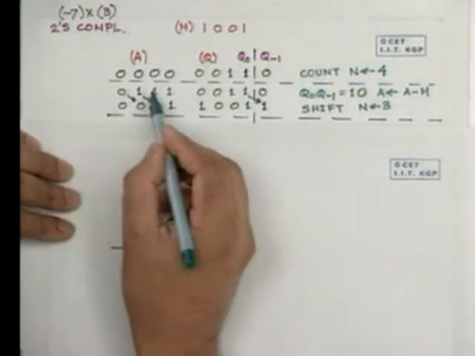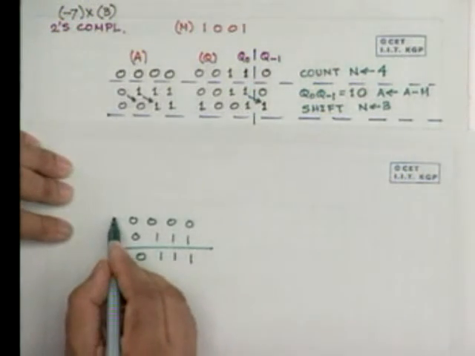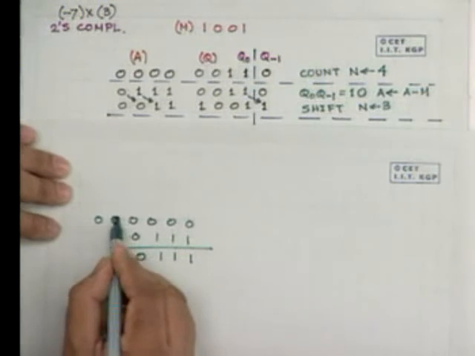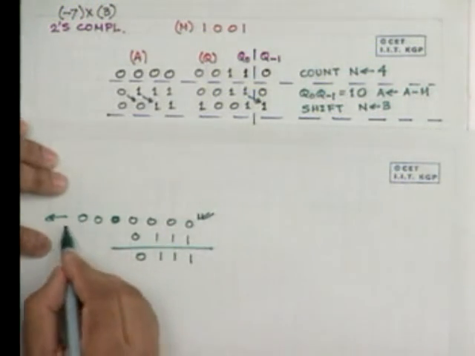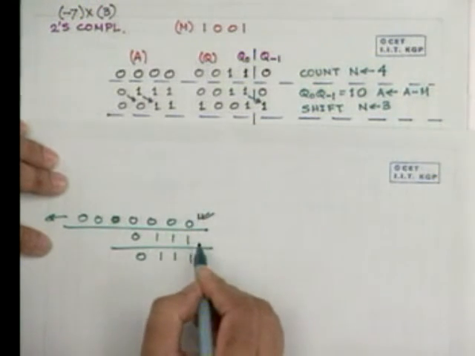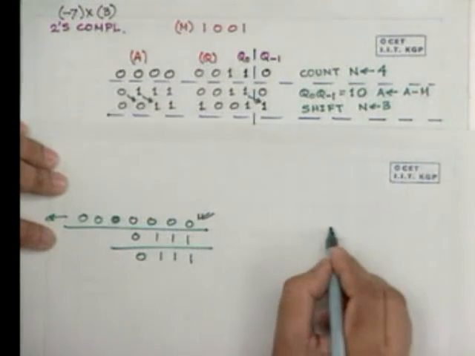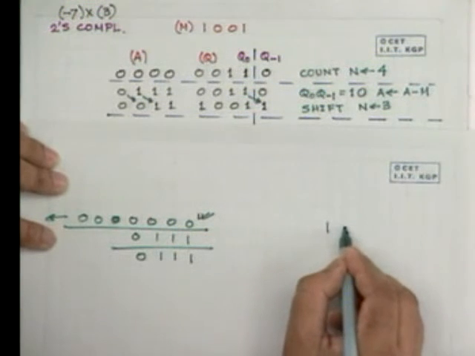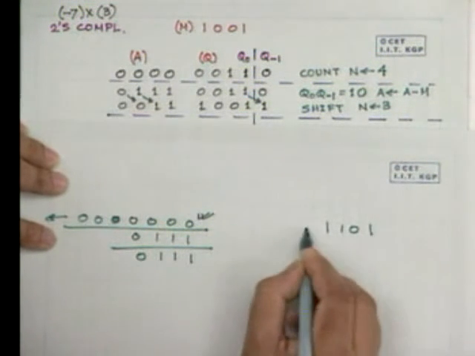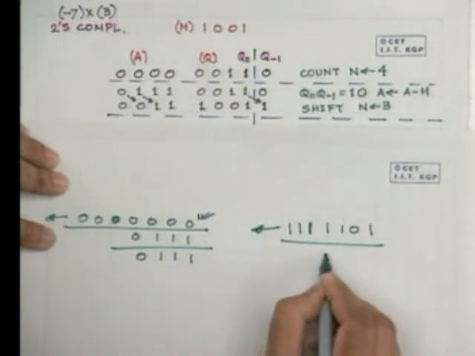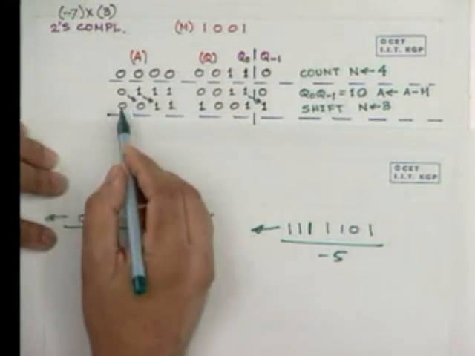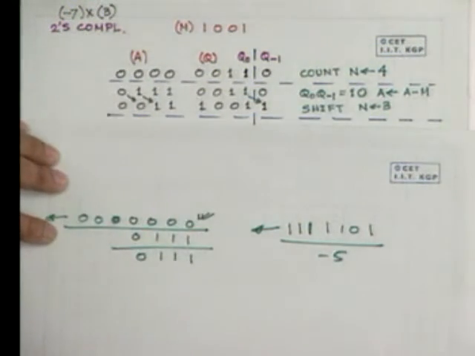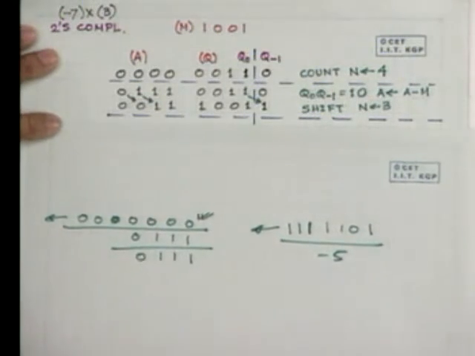As I have said already, if I propagate the sign bit towards the left, the representation of the number doesn't change. For example, if it's a negative number, say 1101, which is -5, and I go on propagating the sign bit towards the left, it remains -5. That is why we replicate the sign bit, and this shift is called the arithmetic shift right.